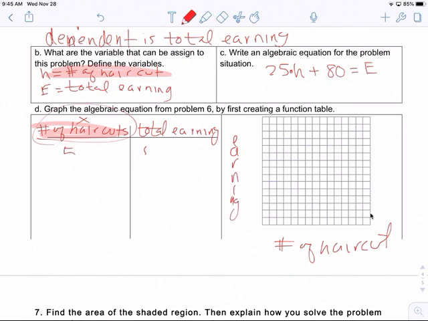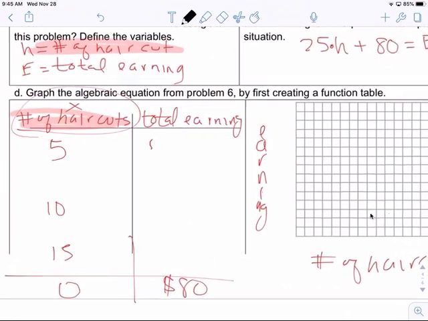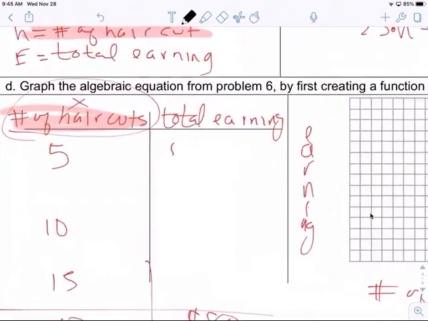Okay, I said 5 haircuts, 10 haircuts, 15 haircuts, and 0 haircuts. If you made 0 haircuts, they still pay you $80 to clean and stuff. Okay? So $80 per day, $25 per haircut.